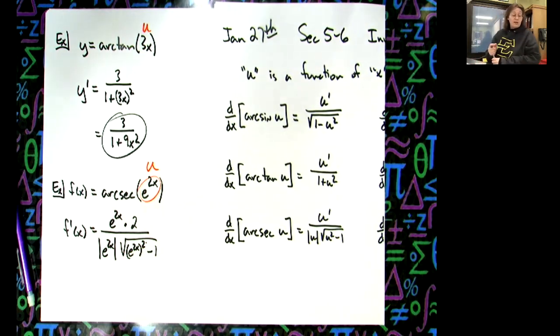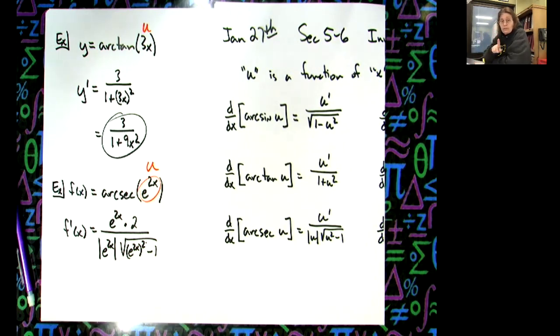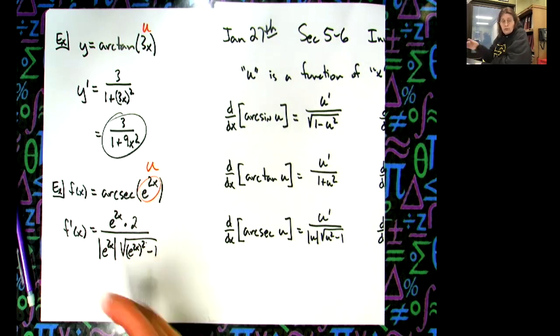Then we just need to clean things up here. Let's stop and think about this. This is an e to the 2x. If I plug in 0, that'd be e to the 0, which is 1, a positive number. If I plug in a 2 for x, that'd be e to the 4th. e is a number raised to a positive exponent, so it's still going to be a positive number.